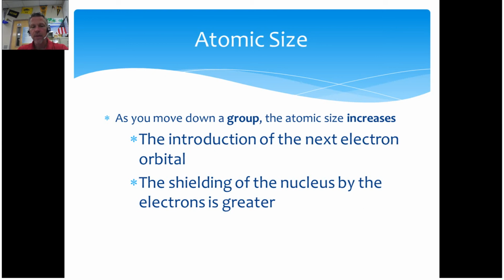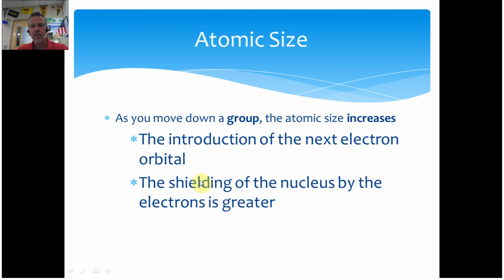And another thing that we want to think about is this idea of shielding. So you think of the nucleus as a sort of a ball of positive charges, and there is a cloud of electrons around that ball. The more electrons there are, and the more levels of electron orbitals that there are around the nucleus, the harder it is to kind of see the nucleus.